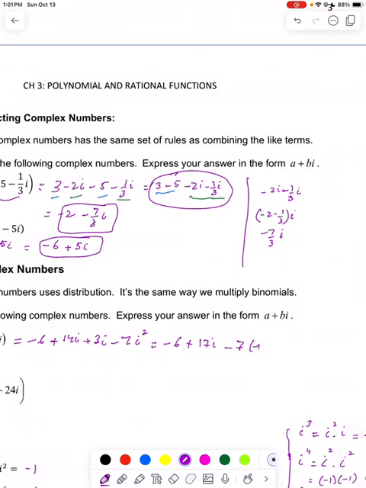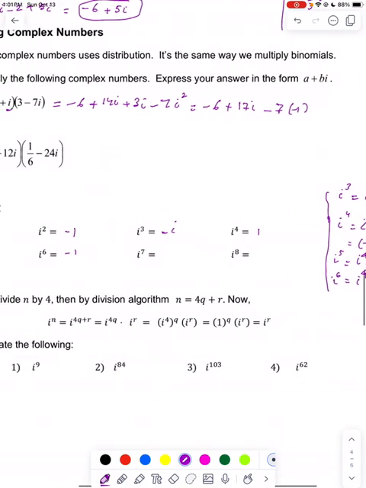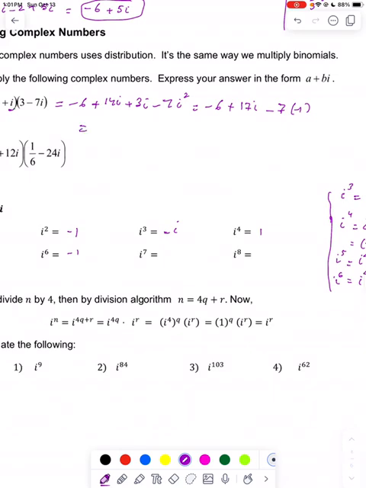So this can be written as negative 6 plus 17i plus 7, because negative 7 times negative 1 is positive 7. So this now can get combined with the negative 6 in front. So we get 1 plus 17i.